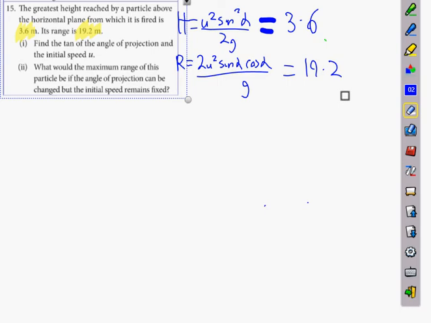So I think I can do it two ways for you, right? The first way would be I'm going to isolate u squared using the first equation, equation 1. So I'm just going to get the u squared on its own. When I get the u squared on its own, I'm going to replace it in for that one there. So u squared equals 3.6 multiplied by 2, 7.2g, over sine squared alpha.